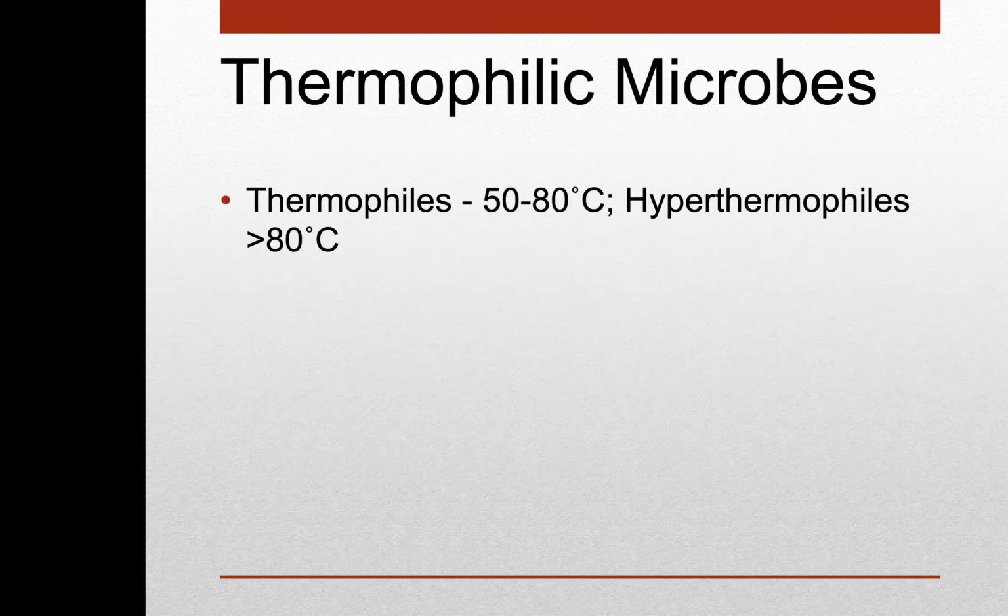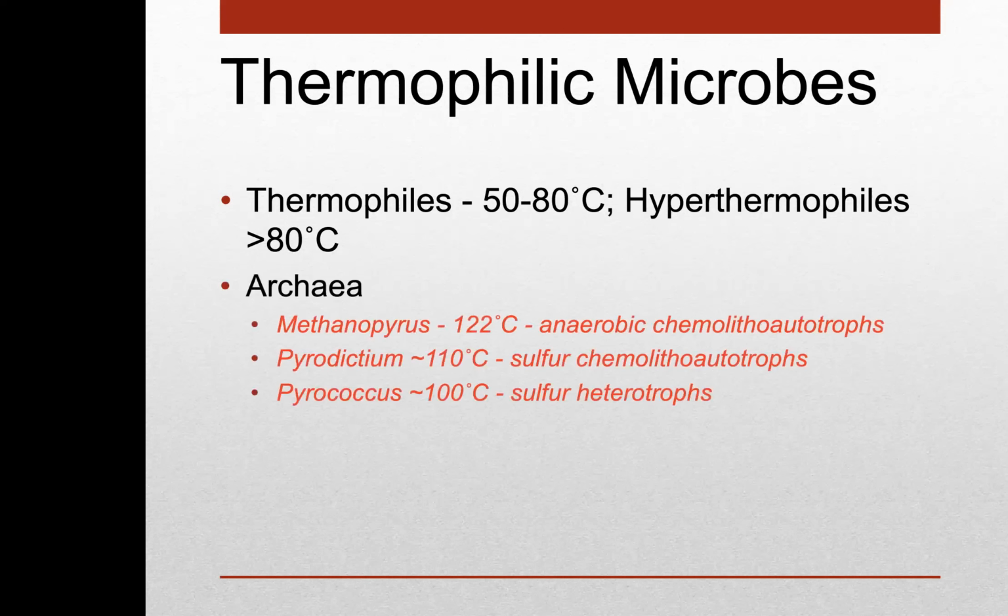Anything over 80 C would be a hyperthermophile. So those organisms like we talked about that live in autoclaves at 120, which is like the record for cultured organisms, would all be hyperthermophiles.